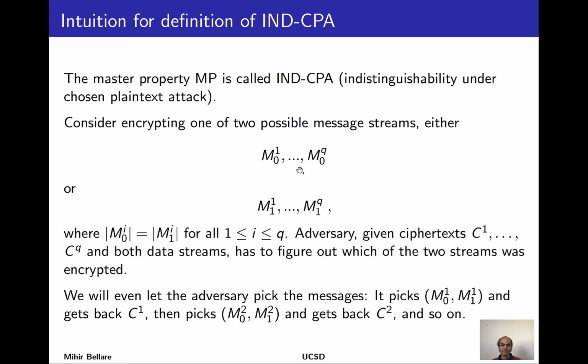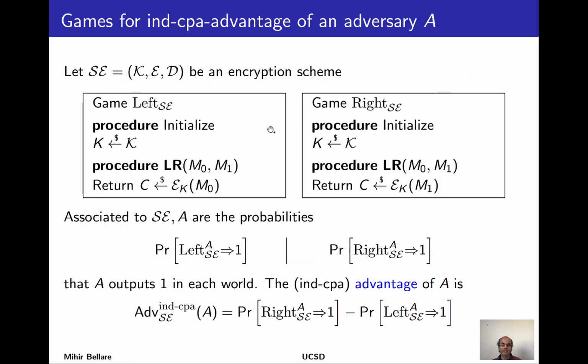Okay, so now we simply turn that into games. And here they are. Now we're fixing a symmetric encryption scheme. This is the object whose security we're trying to measure. It could be any of the modes of operation we studied or something else, but it's public and fixed and known. There will be two games, just like in the PRF definition, called left and right.